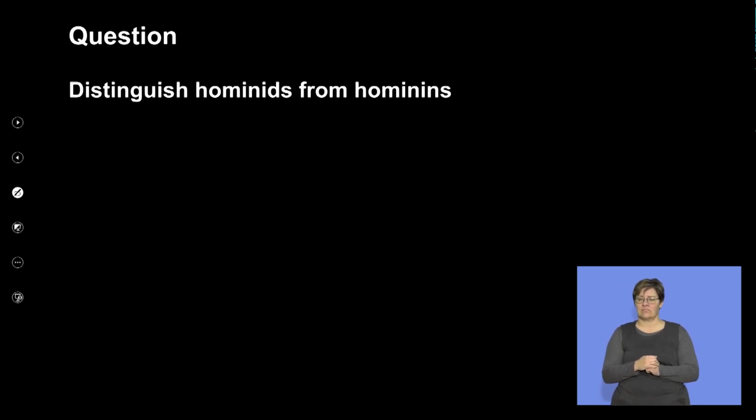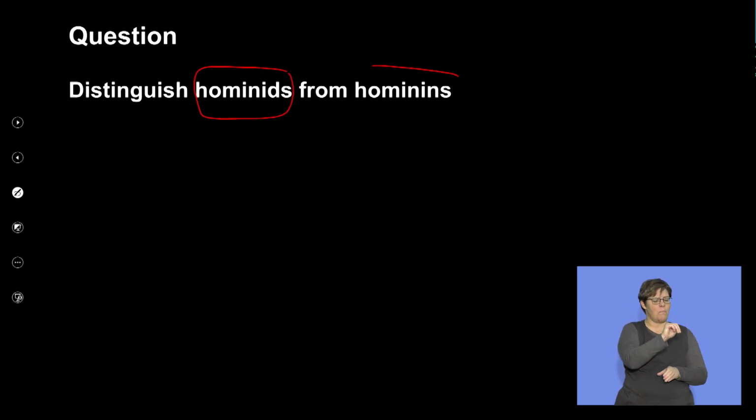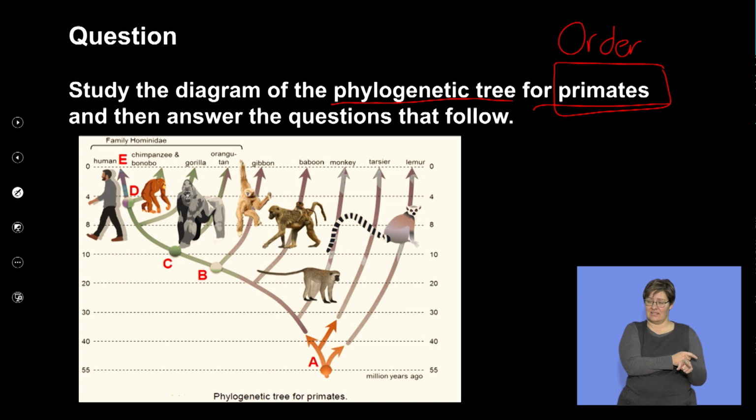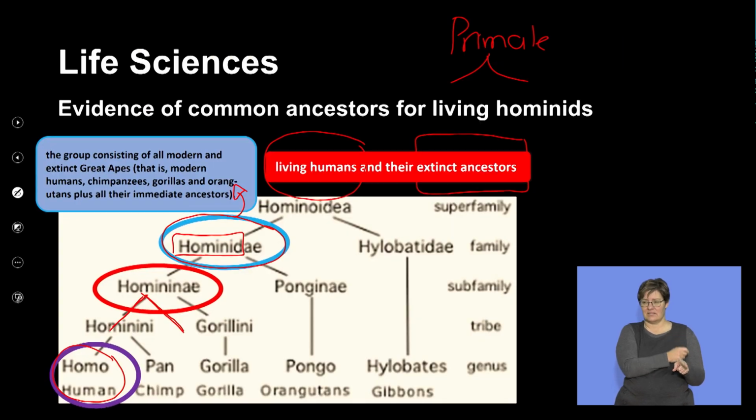Okay. The question that can often be written is, what is the difference between hominids and hominins? Right, hominids, guys, let's go back. I'm going to go back to right at the very beginning. Okay, there we go. Hominid. What is a hominid? It's the group consisting of all modern and extinct great apes.